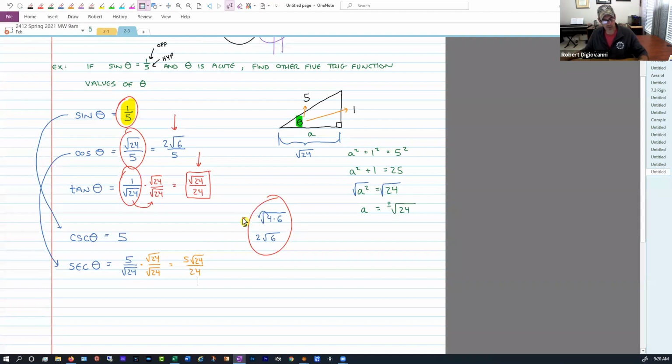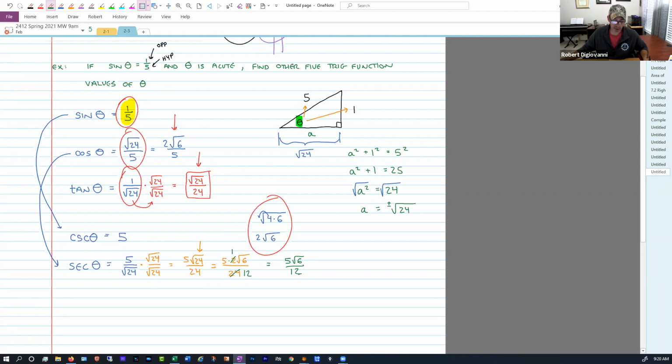And here's where things get real weird, because then you simplify this radical. So it becomes 5 times 2 root 6 over 24. I already did that earlier. And then I can reduce, because 2 goes into 2 once and 2 goes into 24 twelve times. So you would get a final result of 5 root 6 over 12.